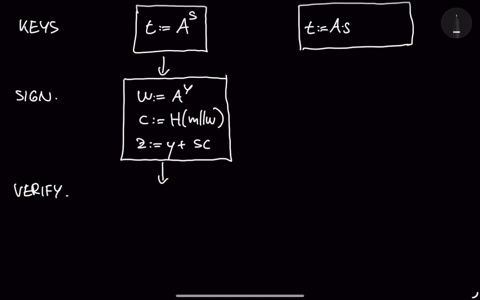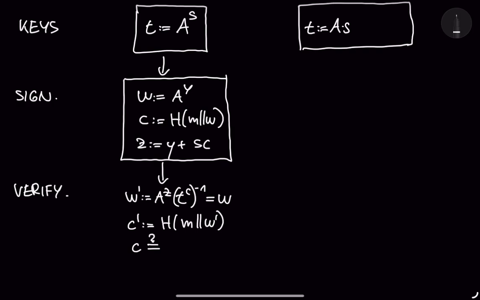The verification was done by computing A to the power of Z, T to the power of C inverse, and this should give W, or gives W if everything is correct. And then we compute this and check. This is verification in Schnorr.